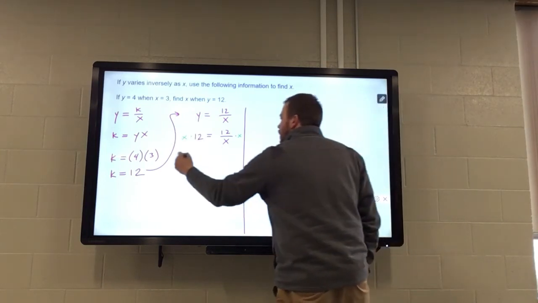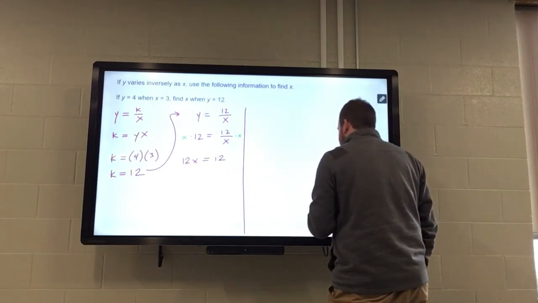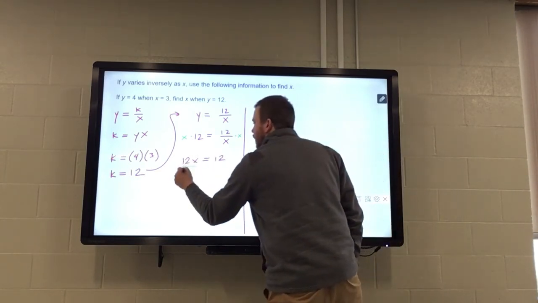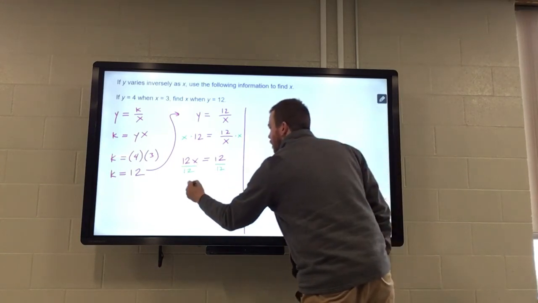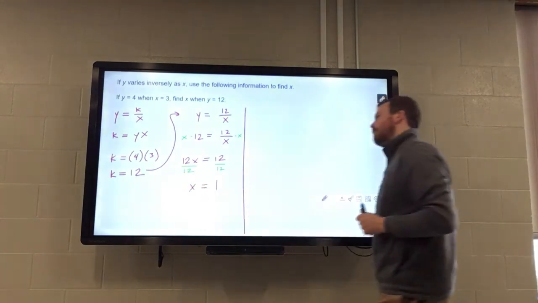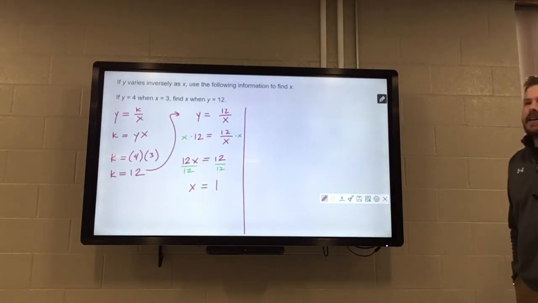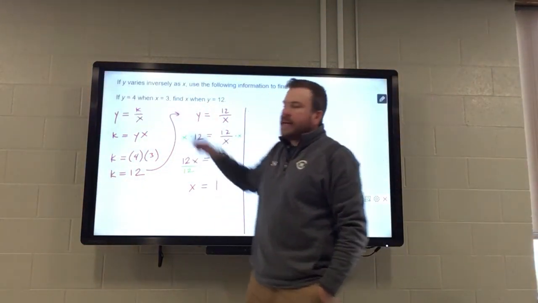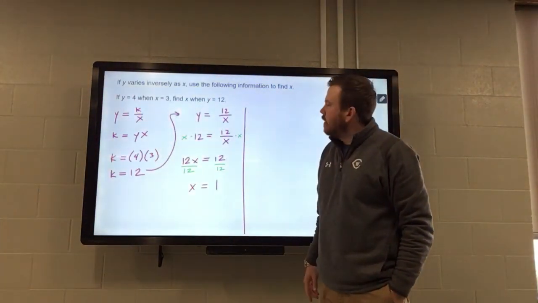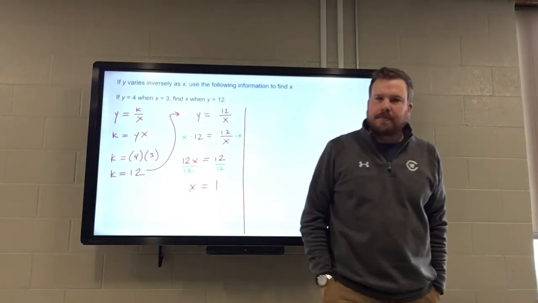That leaves me with 12x is equal to 12. To solve for x, I divide both sides by that 12. I end up with x is equal to 1. So, if y varies inversely as x, and y is equal to 4 when x is equal to 3, I know that x is equal to 1 when y is equal to 12.